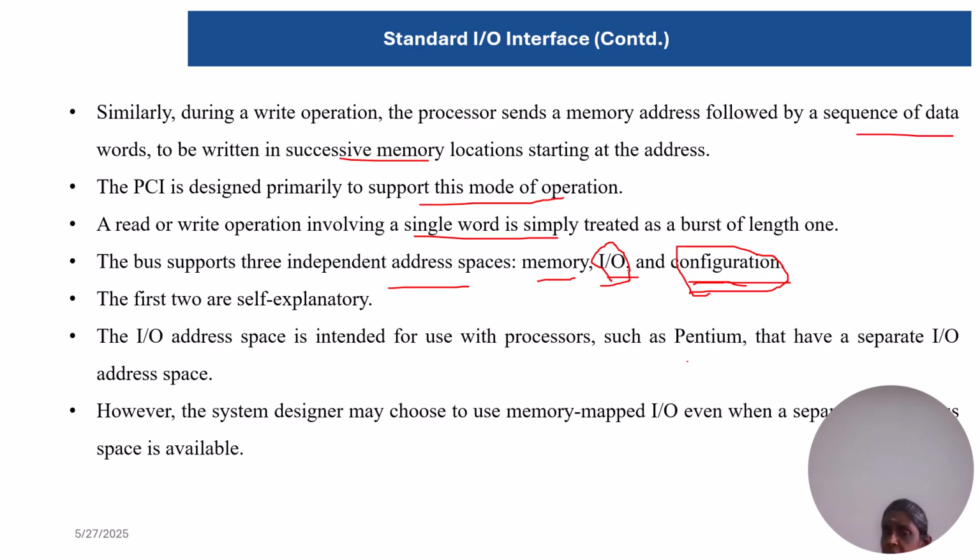So if you take a Pentium processor, there will be separate address space for storing the IO devices' addresses. However, the system designer may choose to use memory mapped IO. So even though it has IO address space separately, it can follow the concept of memory mapped IO also.